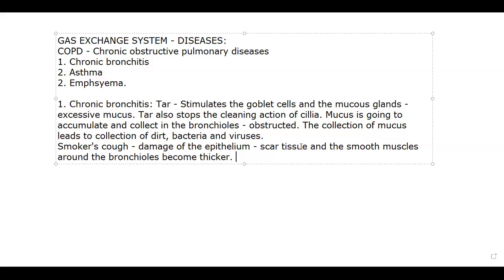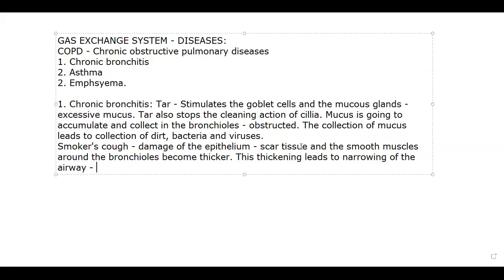What is going to happen? This thickening, because the epithelium is replaced by scar tissue and the smooth muscles are also thickening, leads to narrowing of the airway, further narrowing. Whatever obstruction was there, that was there. But other than that, the airways are also going to end up becoming narrow. This is going to lead to difficulty breathing.